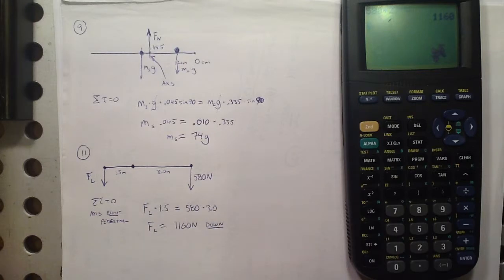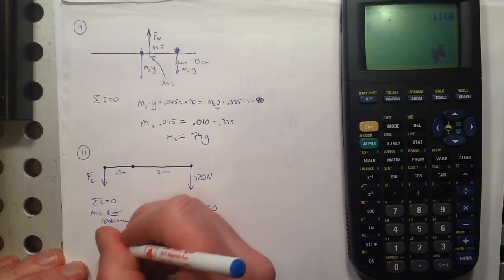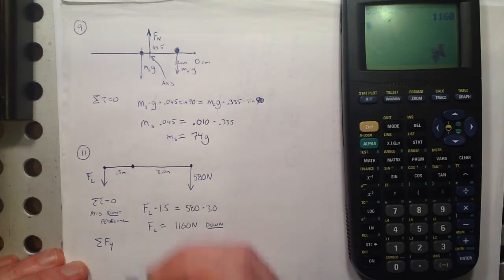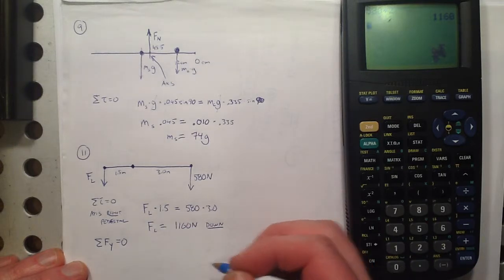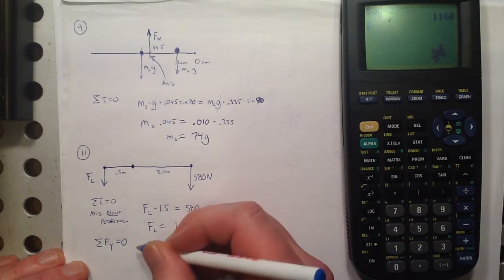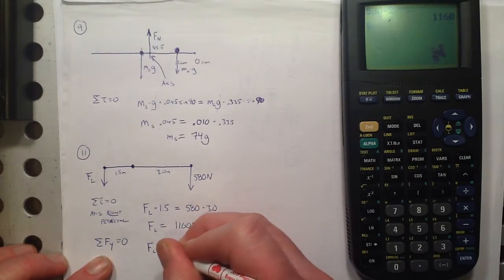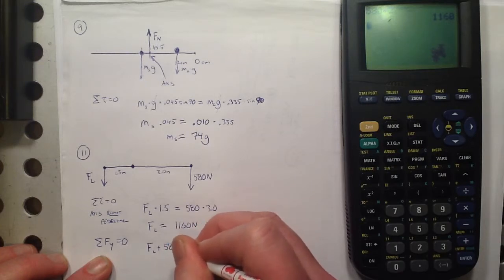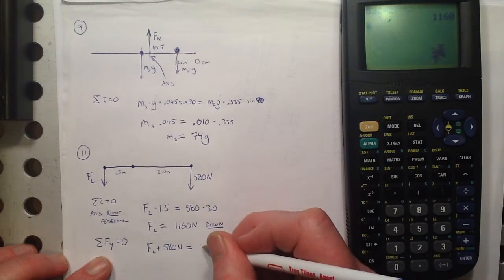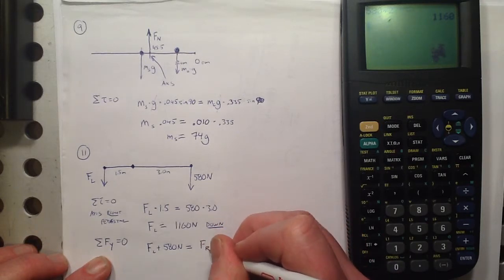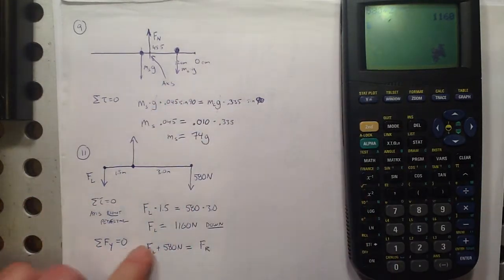The force in the right pedestal, now you can actually just use that the forces in the up-down direction have to be balanced. So I think we know what the force on the right pedestal has to be now without doing any torque business, because the vertical forces, you have FL and the 580 newton force down would have to be balanced by the force on the right pedestal, which would have to be up to balance those two.